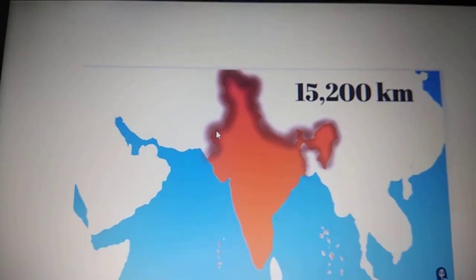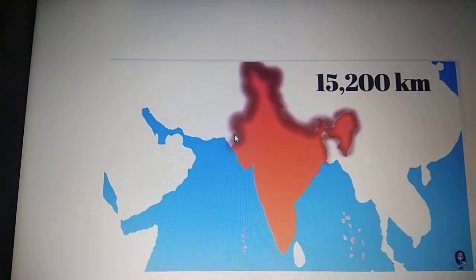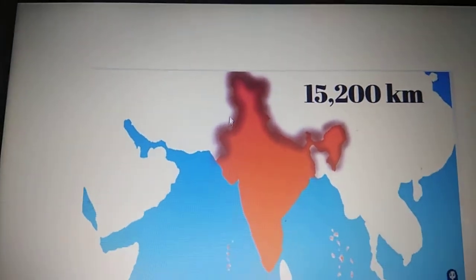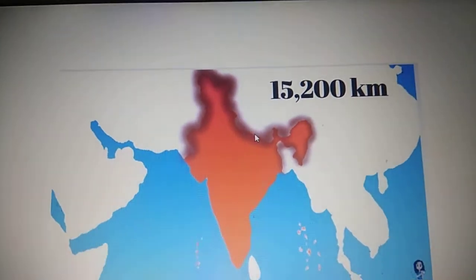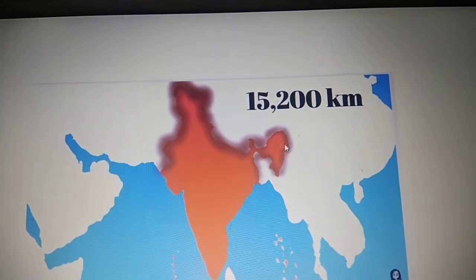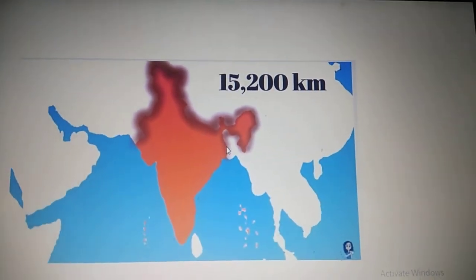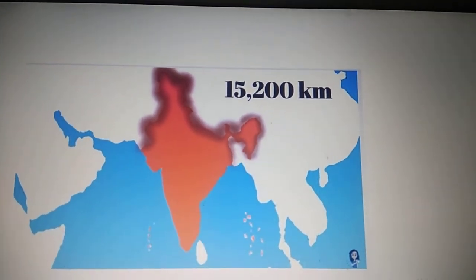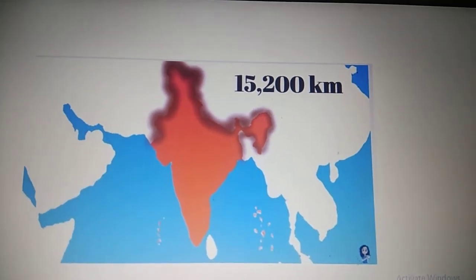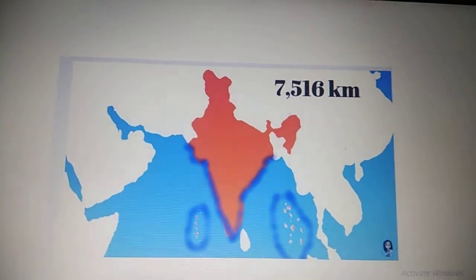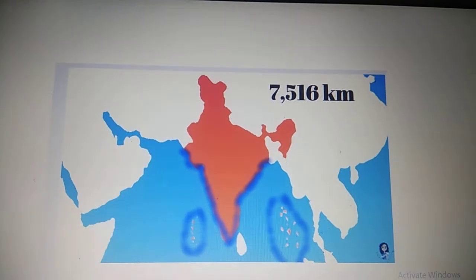Children, our land boundary, you can see this is a land boundary. Let us see how vast an extent of land boundary we have. It is 15,200 kilometers. Let us look at the total coastline.